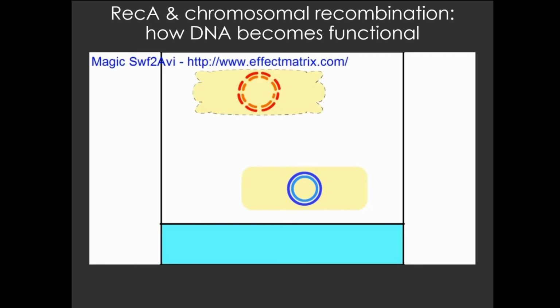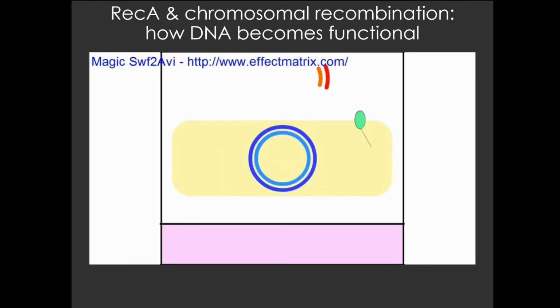And as that cell dies and breaks down, the DNA fragments are released into solution. And those DNA fragments can be bound by the REC-A protein, by the DNA binding proteins on the surface of the cell, which are then collected by the REC-A proteins, which actually cut the chromosome and insert that piece of DNA.